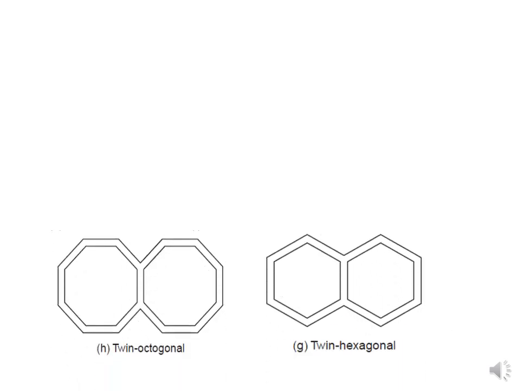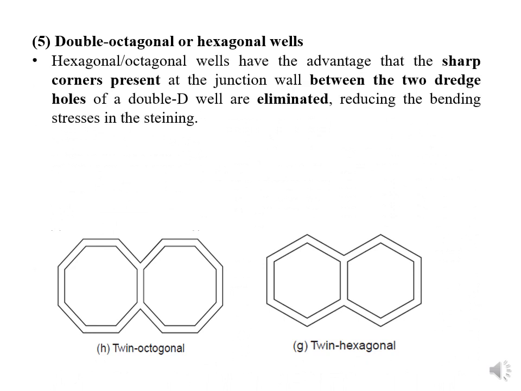So the next and last shape of the wells is double octagonal or hexagonal wells. Hexagonal and octagonal wells have the advantage that the sharp corners present at the junction wall between the two dredge holes of a double D well are eliminated. A very important line. What does it mean? You can remember the rectangular wells. You can remember the double D wells.